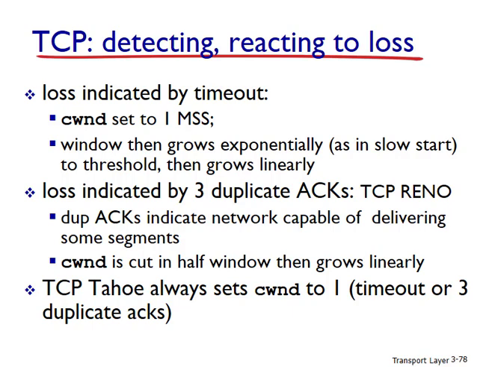But first, it also sets the value of a second state variable, ss_thresh, which is shorthand for slow start threshold, to the last cwnd divided by 2. That's half of the value of the congestion window when the congestion was first detected.